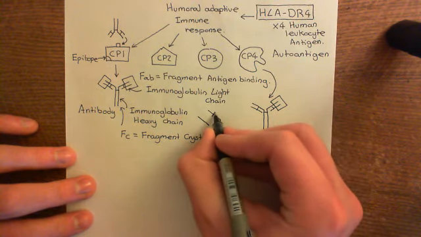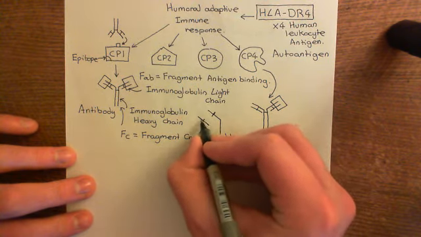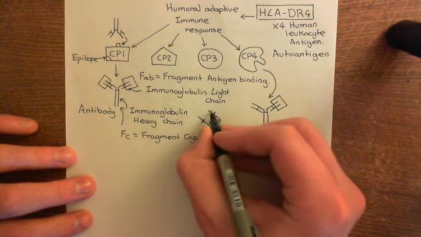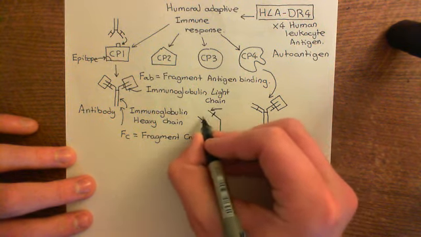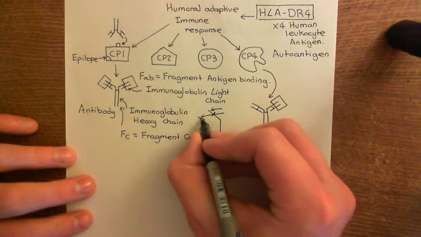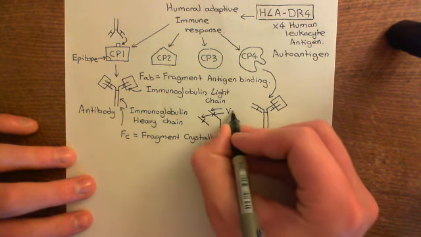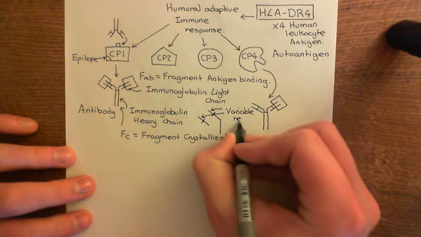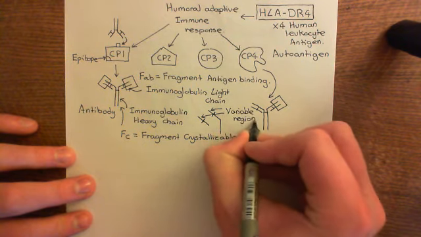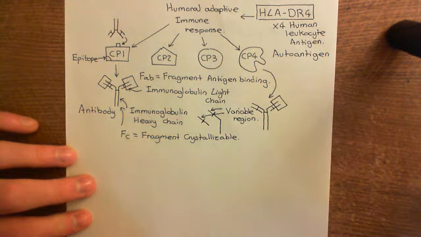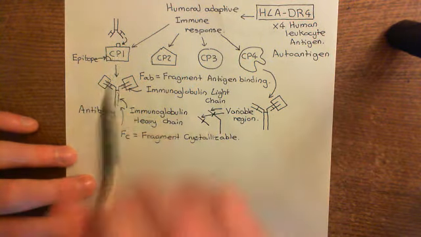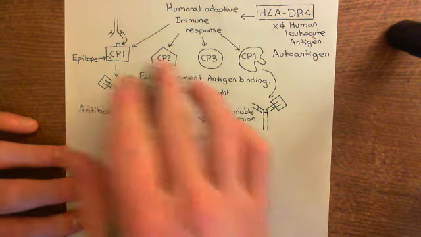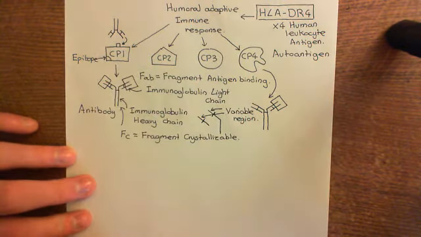Okay, so let me pull out an immunoglobulin light chain here, and also an immunoglobulin heavy chain. Right, so both the immunoglobulin light chain and the immunoglobulin heavy chain can be divided into 2 portions. Okay, so this portion which is involved in making up the antigen binding region, this is known as the variable region. Okay, and this is the region which needs to vary in order to make different antigen binding sites for different antibodies, okay, which are going to target potentially different proteins or maybe just different epitopes on the same antigen.